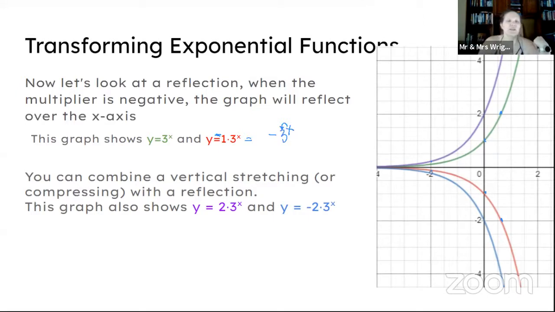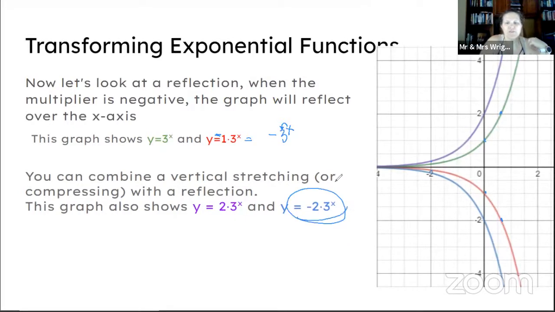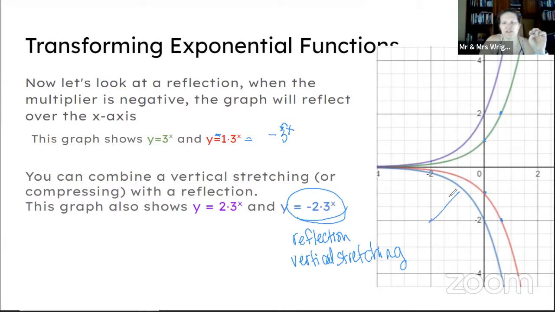And so for -2 times 3 to the power of x, there are 2 types of transformations that happen there. There's a reflection as well as a vertical stretching. Okay, so you get both of those in this.